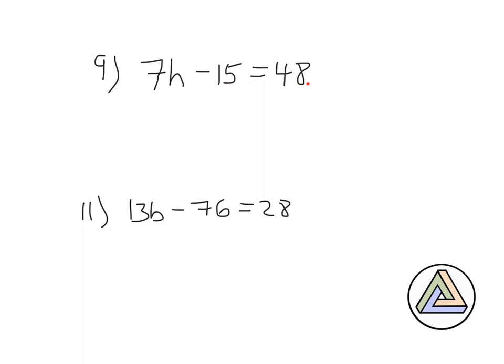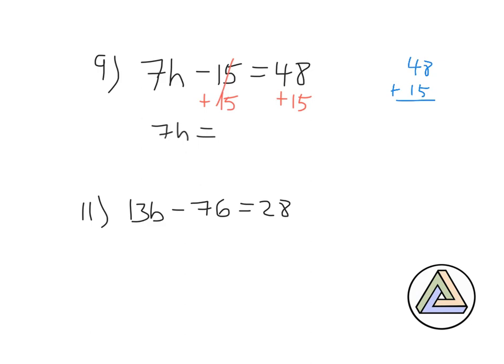All right, 7h minus 15 equals 48. So we want to get that 7h by itself at least first. So we're going to add 15 to both sides, cancel, then we end up with 7h equals 48 plus 15. Well, my student might want to go off to the side with that.